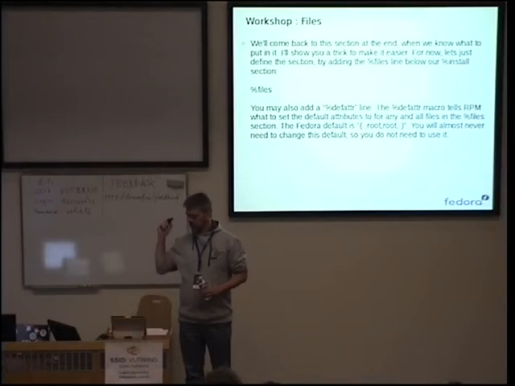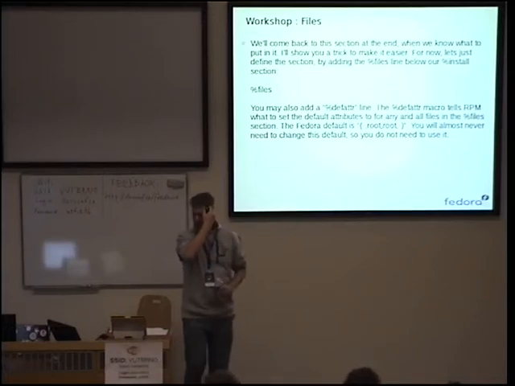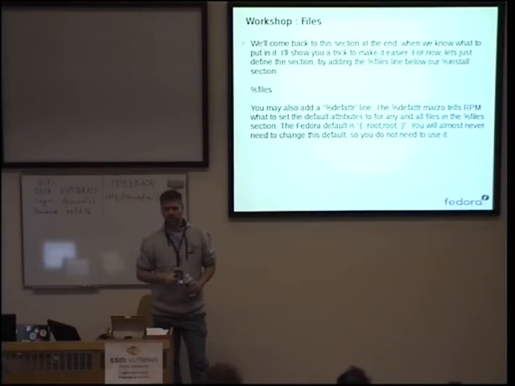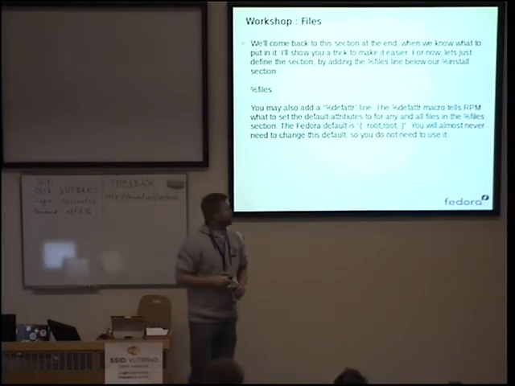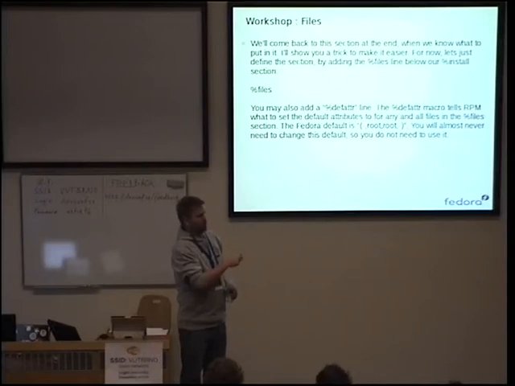Another thing, the defattr macro is always used in the old RPMs. It's not needed. The default is -,root,root, and you will hardly use something else. So you don't need to use that. It's a definition where the first part says which attributes that file will have.